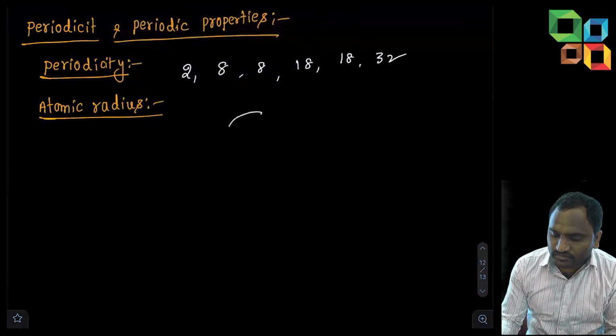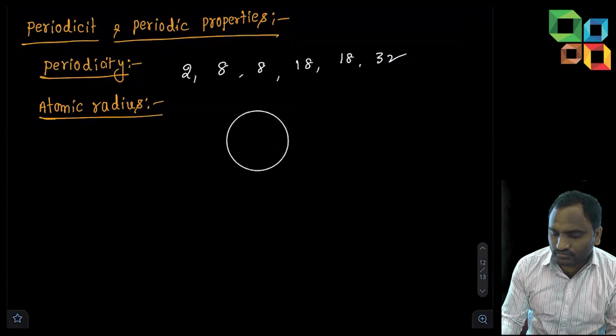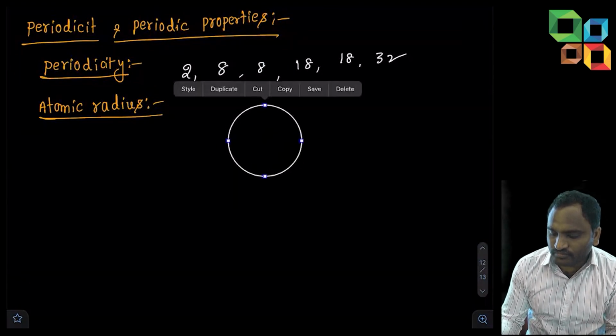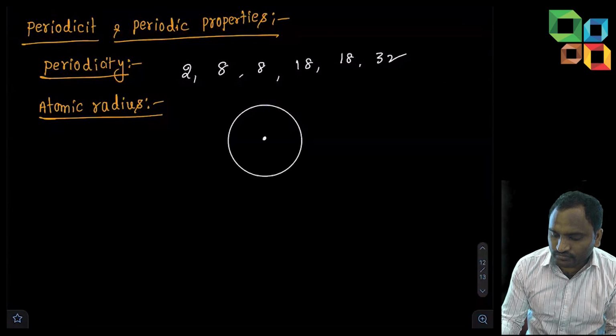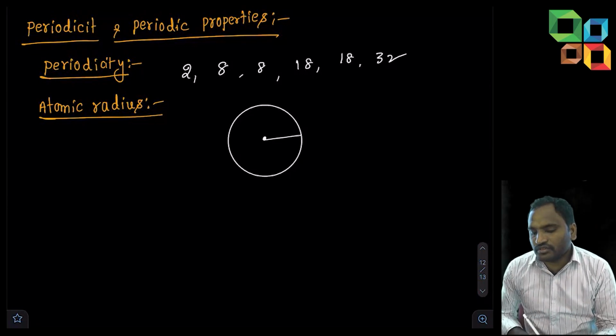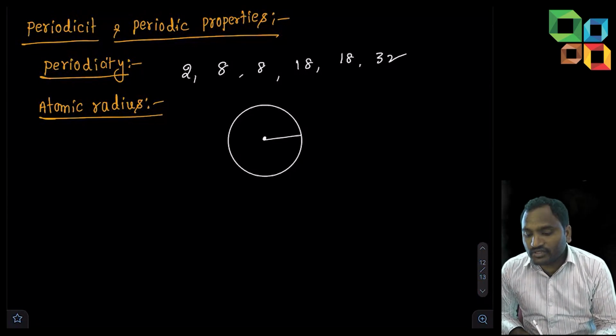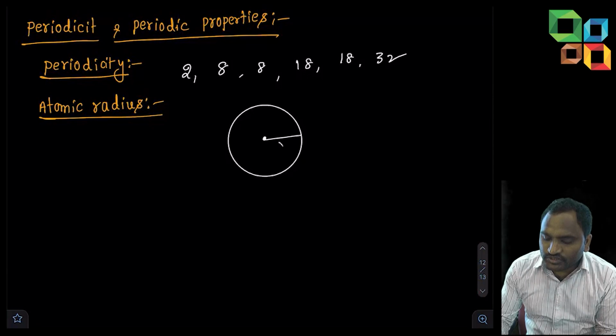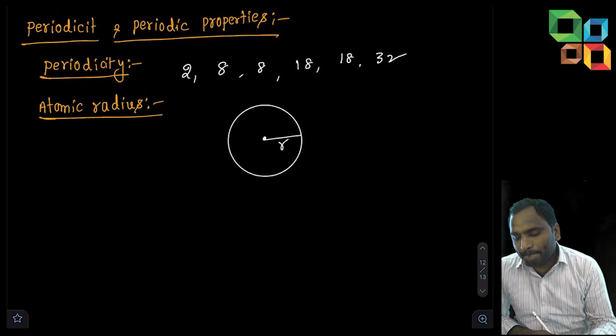What is atomic radius? If this is an atom, this is the nucleus, from here to the last shell where the electrons are present is the radius.